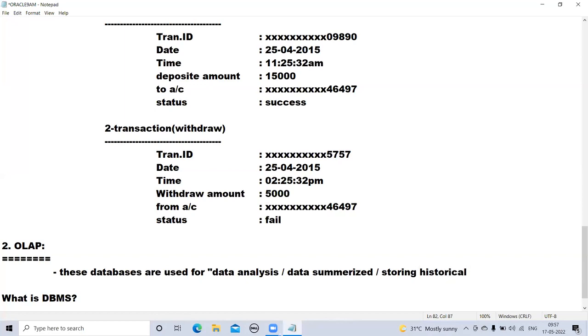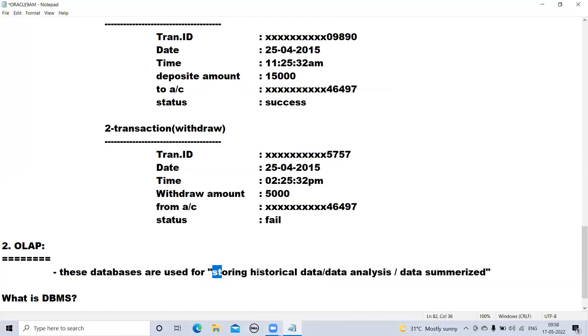So whenever you use OLAP databases, we are using them for data analysis, data summarizing, or storing historical data. I'm taking this point first: historical data storage purpose.